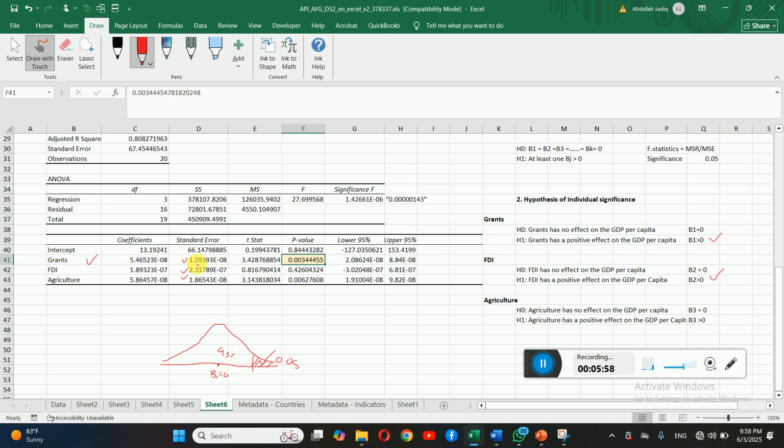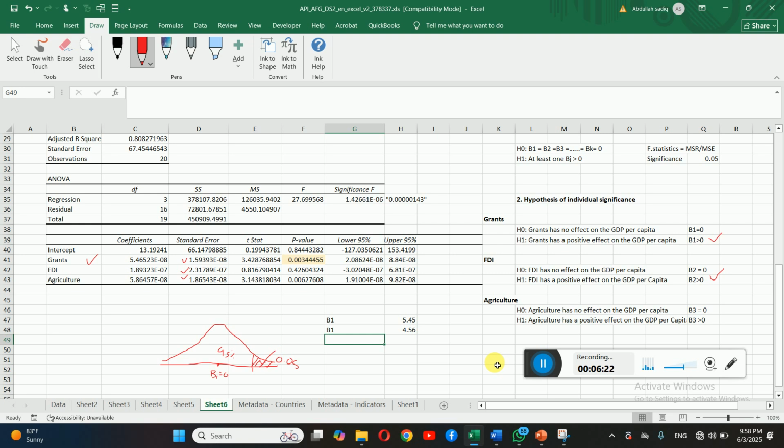Once again, dear students, I'm just giving you the concept here. If you compute the beta 1 one time, taking a sample, for example it is 5.46, and the second time you take a sample, the beta 1 is 4.56, for example. The third time, you take a sample from the population and compute the beta 1.